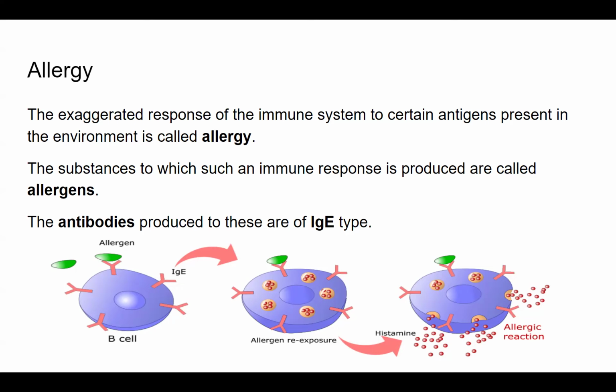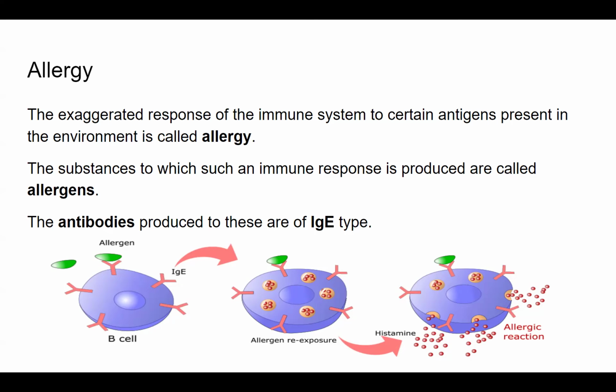Okay. So the antibody which is produced is of the IgE type. We have the B cells, the allergens will come and sit on the B cell, and then the production of IgE will take place.